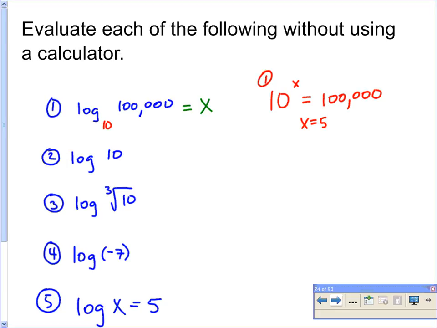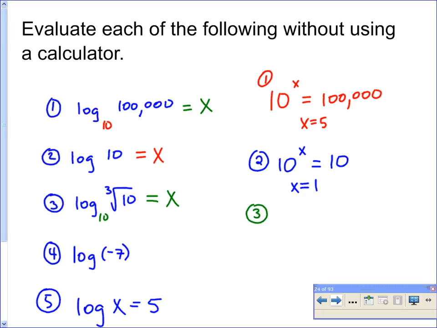And in the second one, again, what I have here is that it's going to be equal to x. So I can write that as my base of 10 raised to the x is equal to 10. If that's the case, I know that x is equal to 1. All right, and then in the next one, let's set it equal to x. And then I have, again, a 10 down here.